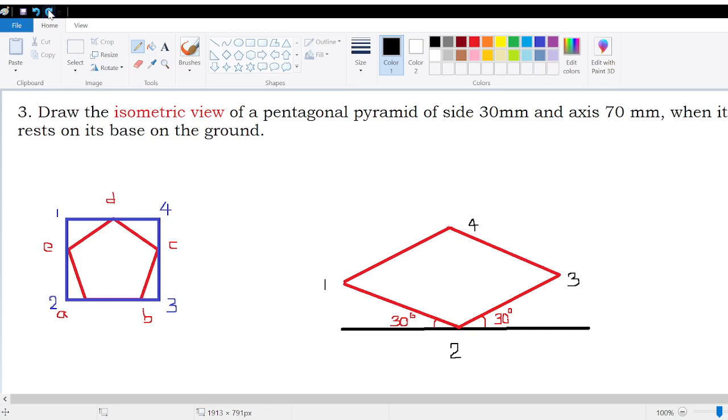Now the next step is to locate the points A, B, C, D, and E. So they will be written as capital letters in the isometric view. So using a compass, you measure the distance from 2 to this point A, and you plot that point in this isometric view.